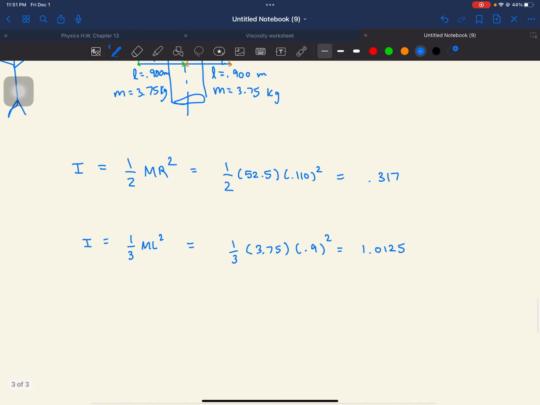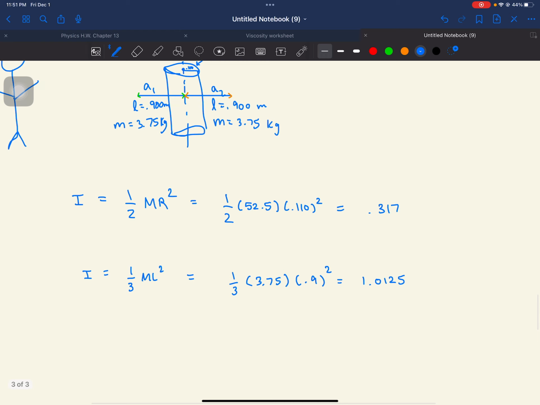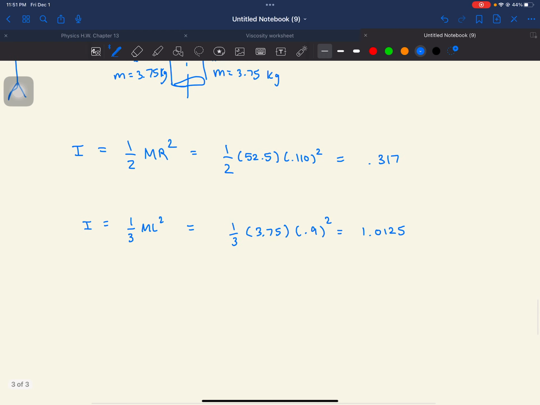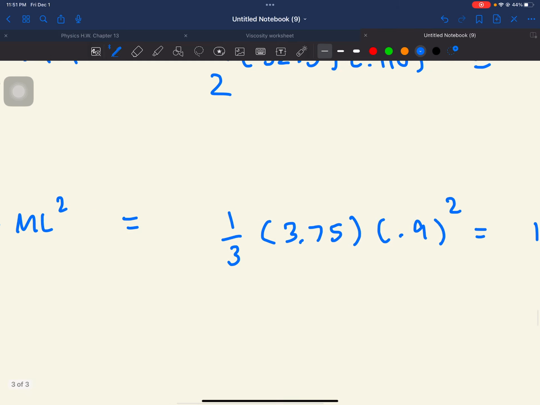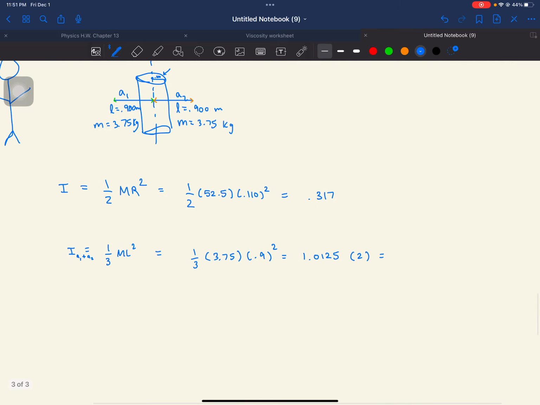Because it's the moment of inertia for one arm, and the other arm also has the same mass, only in this case can we multiply the moment of inertia by 2 for both arms. So the moment of inertia of arm 1 plus arm 2 would be 2.025.